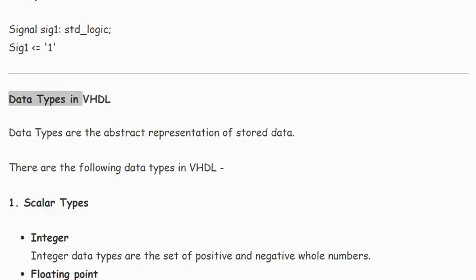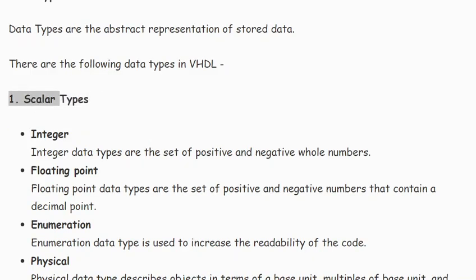Data types in VHDL. Data types are the abstract representation of stored data. There are the following data types in VHDL. 1. Scalar types. Integer data types are the set of positive and negative whole numbers.